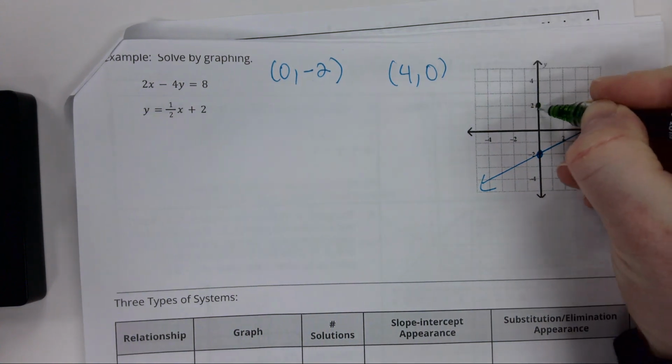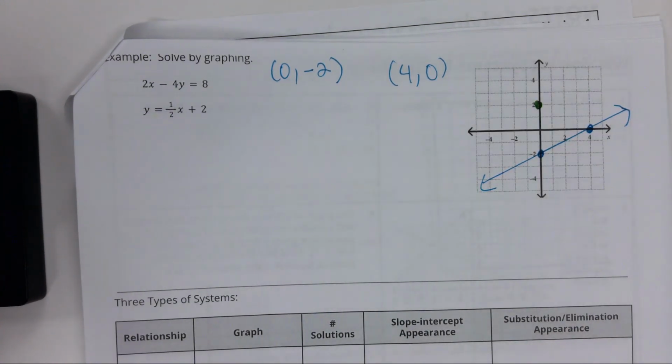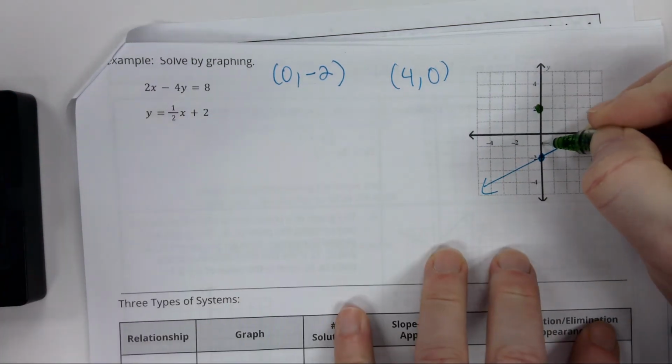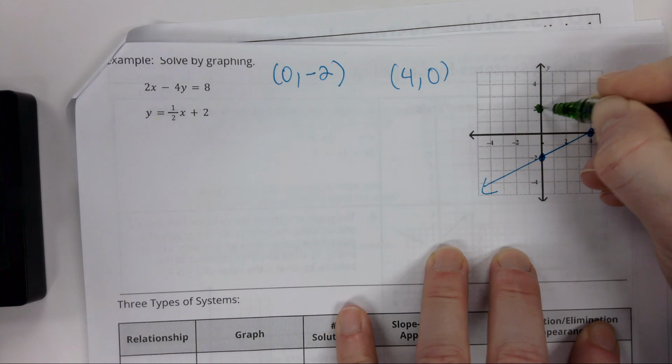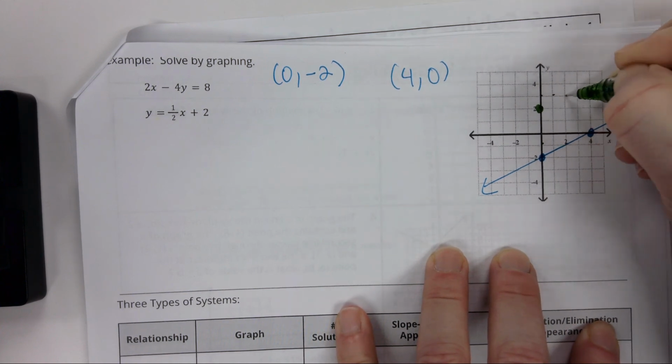Yep. Good job. Autumn, what should I do now? Go up 2. Up 2 over 1? Rise over run? There you go. Up 1 over 2 from this point.